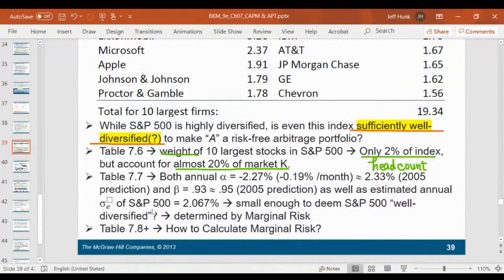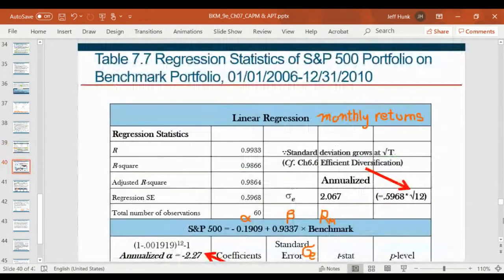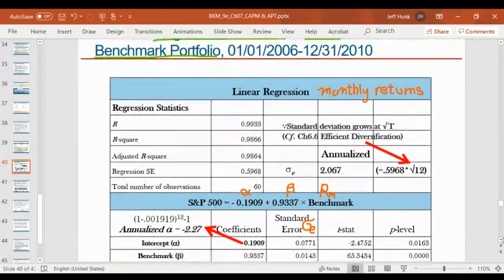So let's take a look at some statistics of the regression result of S&P 500 on the benchmark, over this 5-year period, January 1st, 2006 through December 31st, 2010.